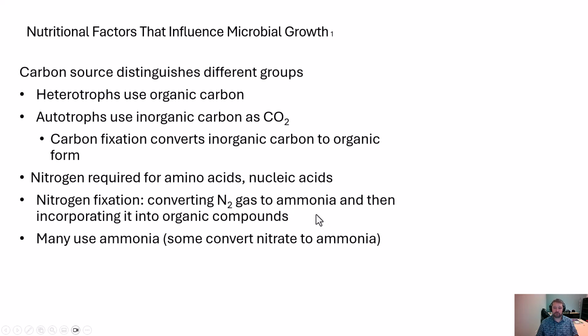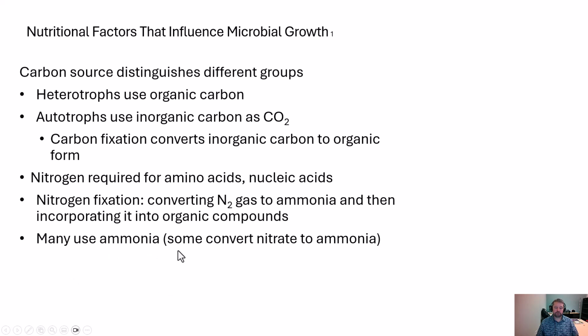In many cases that might be ammonia, or potentially urea or uric acid, but some form of nitrogen where that inorganic molecule is getting converted into an organic compound.